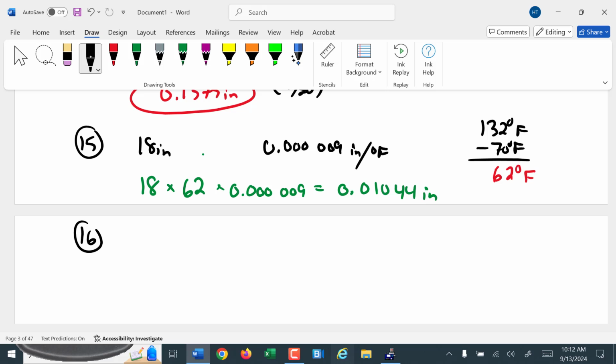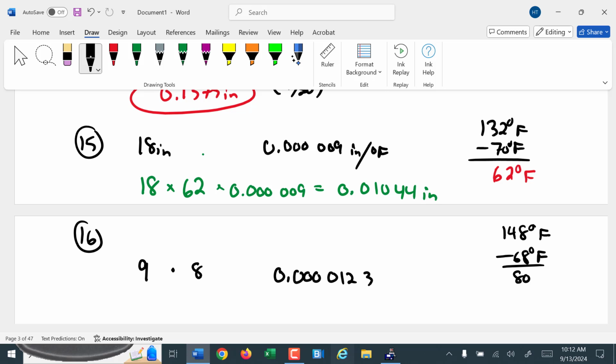So again, find the change in length if you have a 9-inch piece. So we have 9 inches. The thermal factor of 0.000123 for aluminum. And the temperature goes from 68 to 148. So again, 148 minus 68 is 80 degrees.